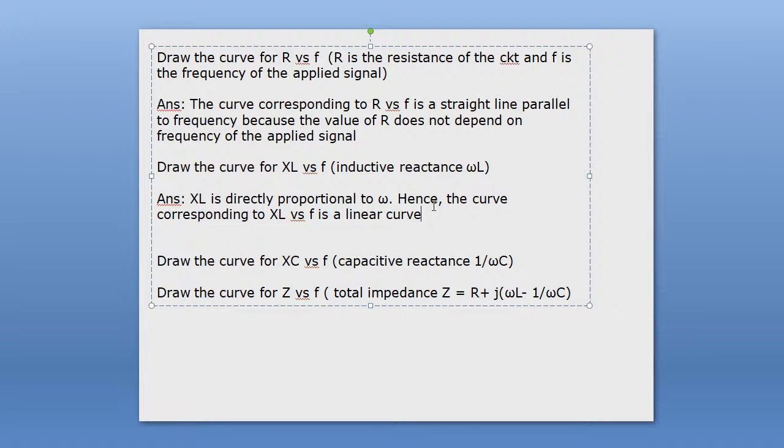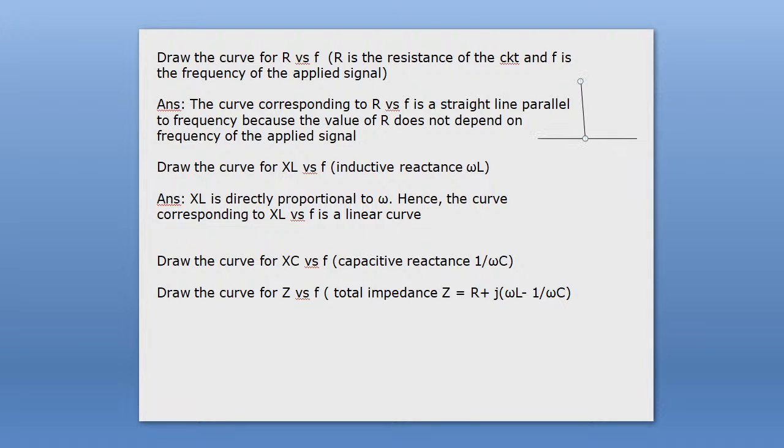For this case, if you draw resistance versus frequency, you will get a curve like this.